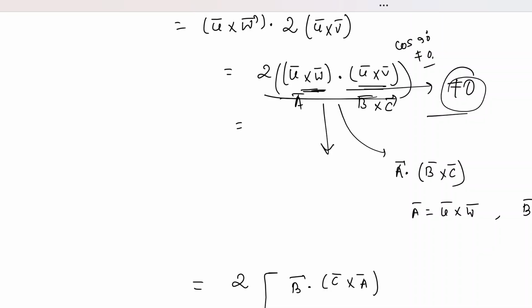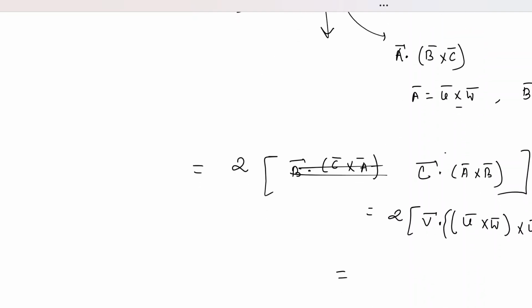Then it makes v cross u cross w, so it does not get any simpler. But if you take c dot a cross b, then you have v dot u cross w cross u.